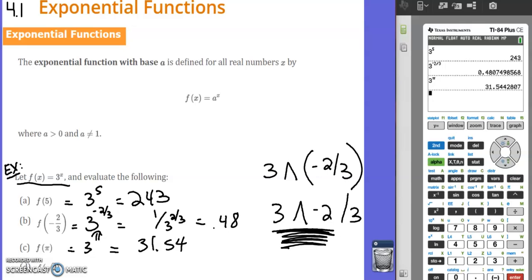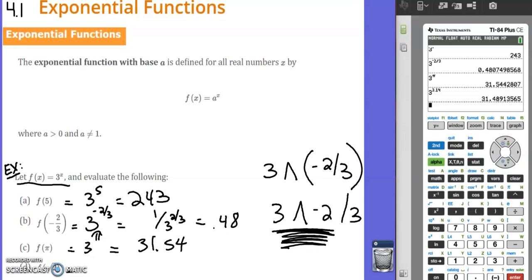Especially if it said something like 5 decimal places, and you just happen to type in 3 to the 3.14 power, notice it gives you a different answer. So I want to be very clear on this: don't round a problem until the very end. A lot of times we use 3.14 as pi, but that's a rounded answer.